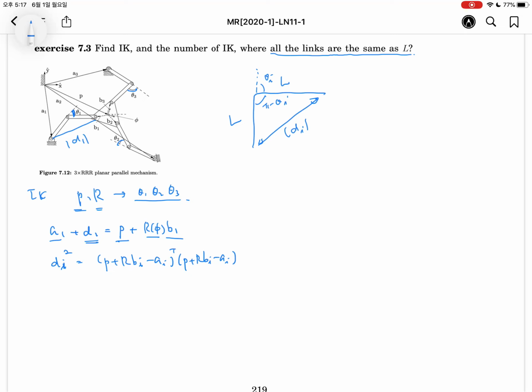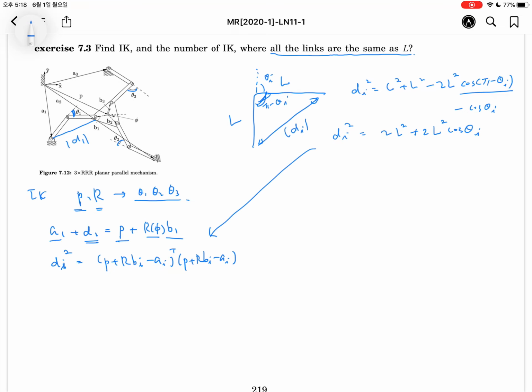Let's apply the law of cosine. Di square will be equal to L square plus L square minus 2 times L square cosine of (pi minus theta i). Cosine of (pi minus theta i) is equal to minus cosine theta i. So Di square is equal to 2 times L square plus 2 times L square cosine theta i.